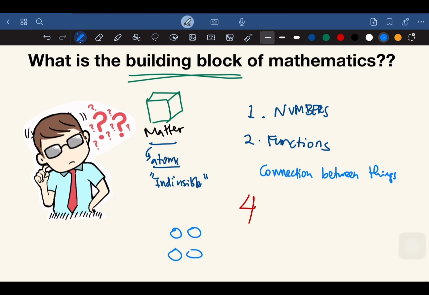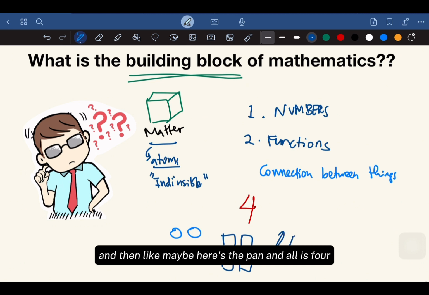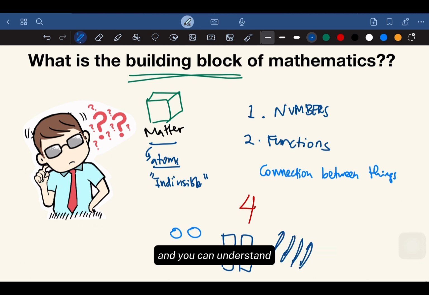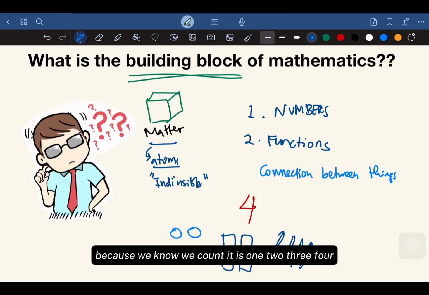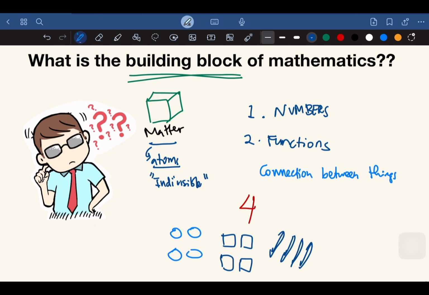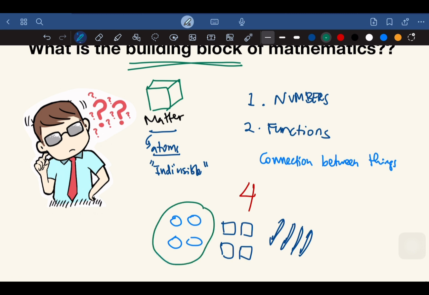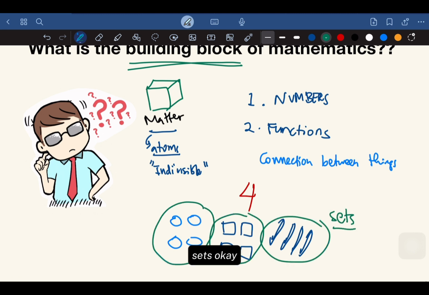We have 4 squares. And then maybe here's the pen. And all is 4. You can understand, because we can count that is 1, 2, 3, 4. So what is this? This is what we call sets. Okay?